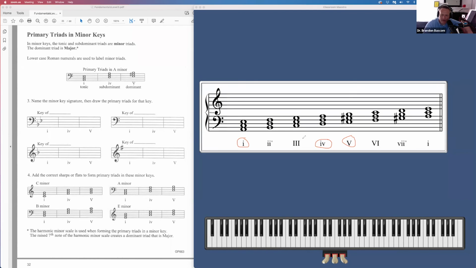I've also done that on the 7. I can do it on the 3, but it's very rare to find. And when I do that, it becomes an augmented triad, but you don't need to know that for today.